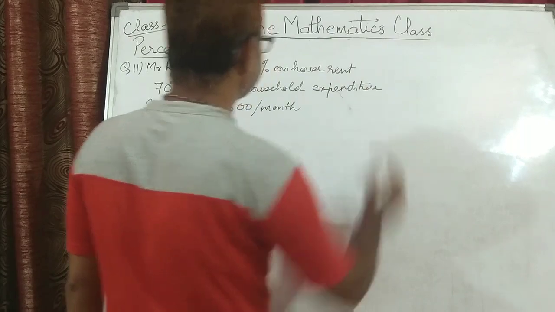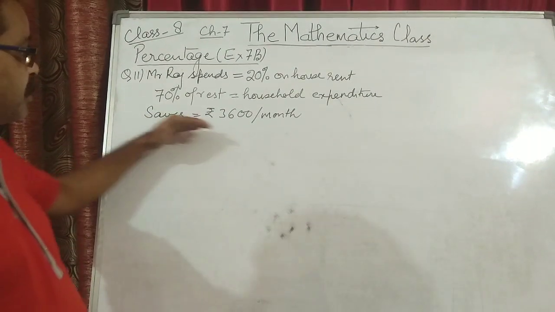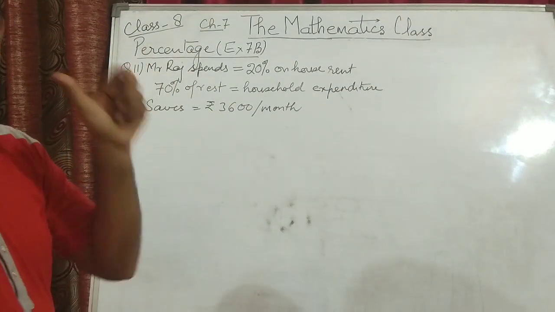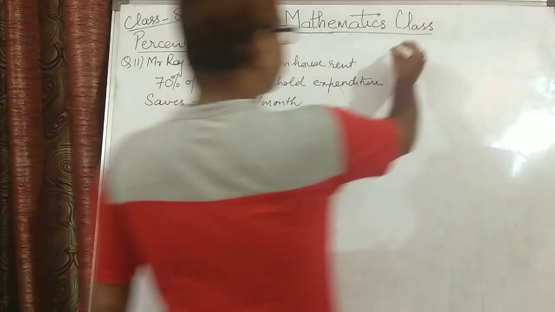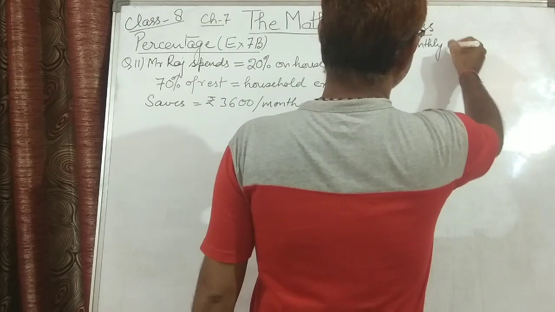His household expenditure is 70% of the rest, but still he saves rupees 3,600 per month. You have to find his total monthly salary. What we have to find is monthly salary.